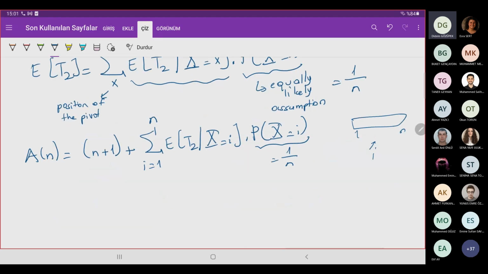So this is n plus 1 plus the summation over i from 1 to n.